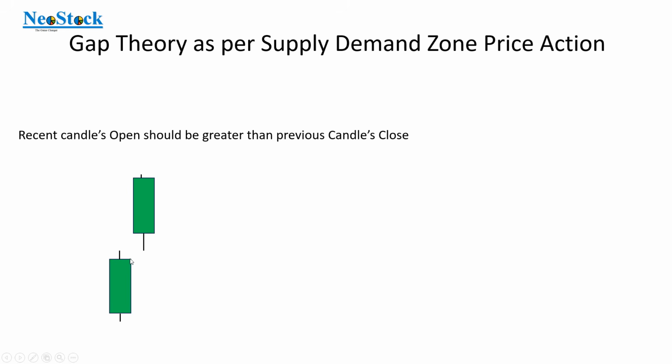This is the candle body high. High means not wick high, I am saying body high. This is the close of the previous candle. Is there a gap between them? Yes. So this is called gap up.